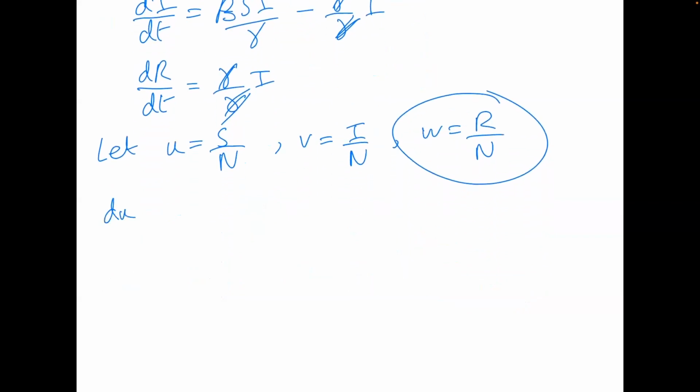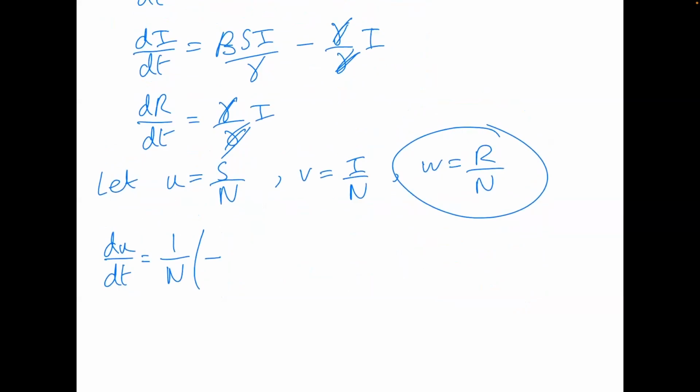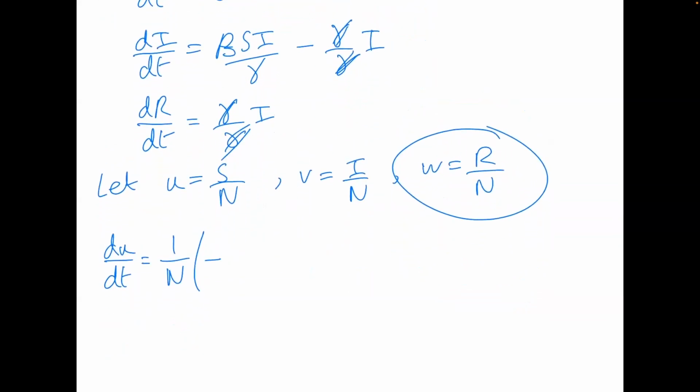So dU d little t is going to be 1 over N times by our dS dt from above, which was just minus beta SI over gamma.